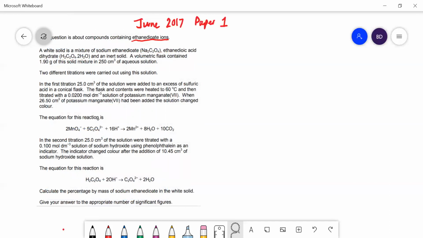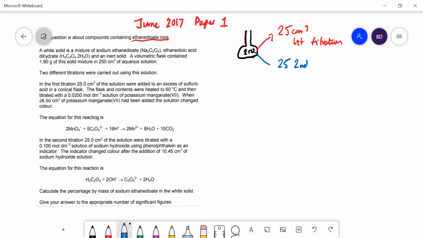Let's do the first titration, and I'll stick with the red color. First of all, we've got a volumetric flask, which I'll do in black. We've got 250 in there, and you're going to take out 25 centimeters cubed, a tenth of that, for the first titration. Then you're going to take 25 out for the second titration.